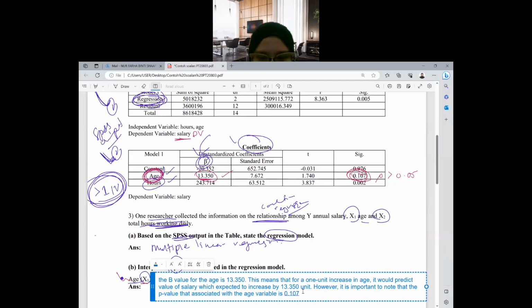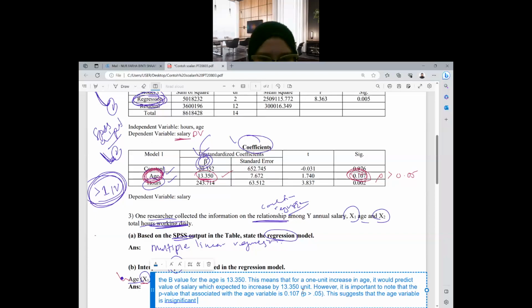0.107, in which p is more than 0.05. So from here we can see that this suggests that the H variable is insignificant.